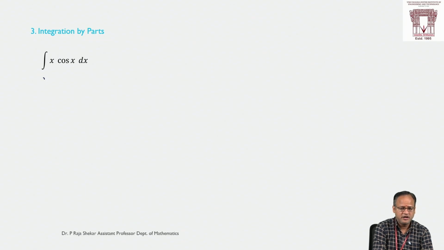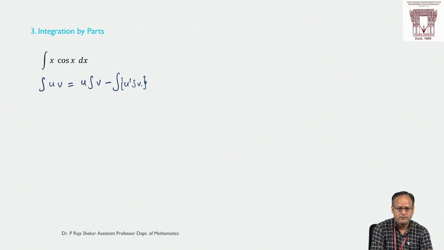So what is the integration by parts formula? Integration of uv is equal to u integral v minus integration of u dash into integration of v.